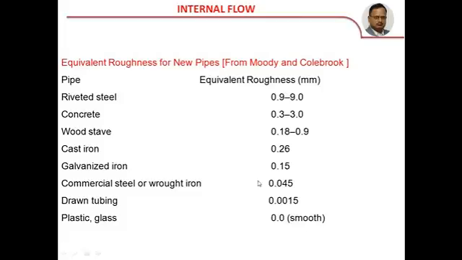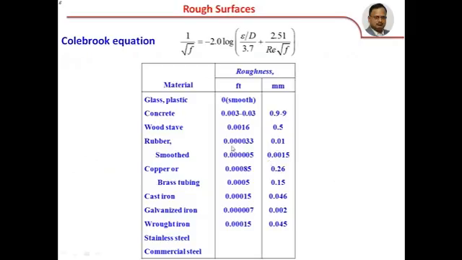The equivalent roughness for new pipes is from the data prepared by Moody and Colebrook. Different types of pipe materials and their relative roughnesses are shown here.